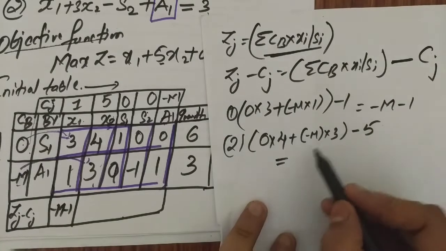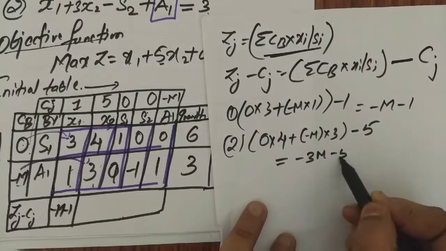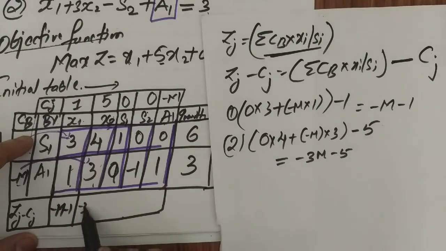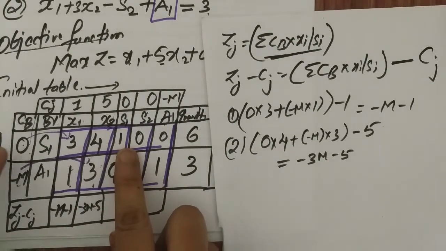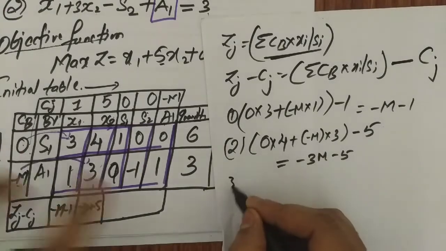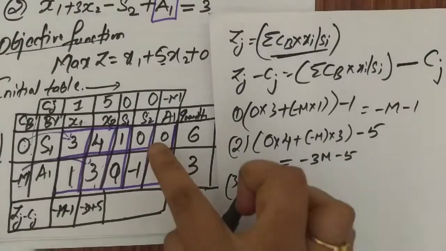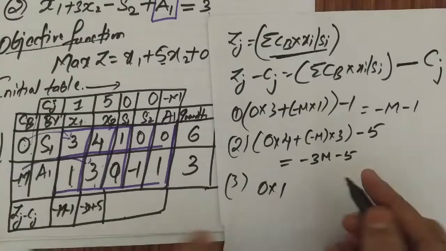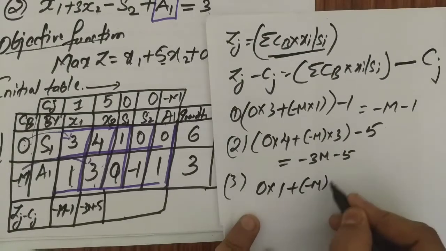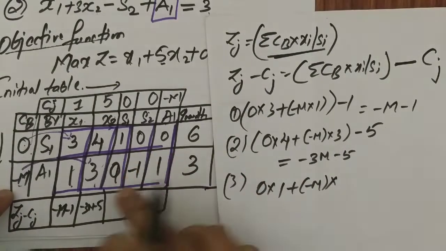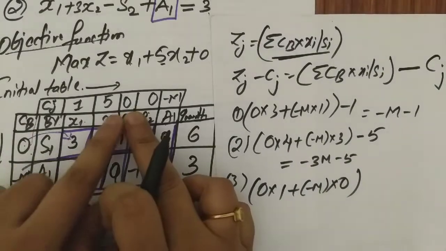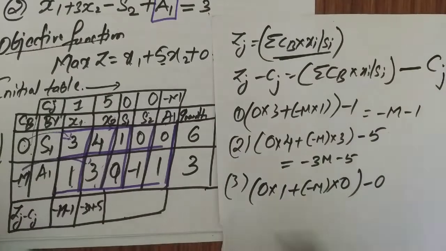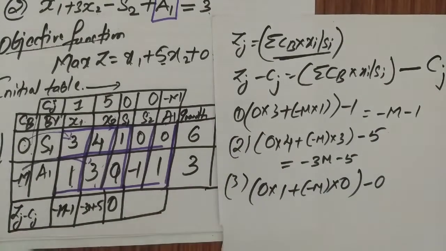So 0 into 4 is zero, and we get minus 3m minus 5. Enter it here. Now the third one: 0 into 1, and minus m into 0. This entire value will be 0. The corresponding Cj is 0. So the answer is 0 here.